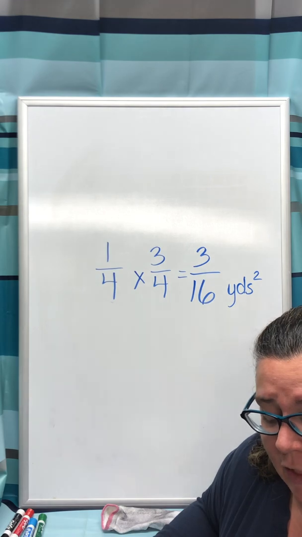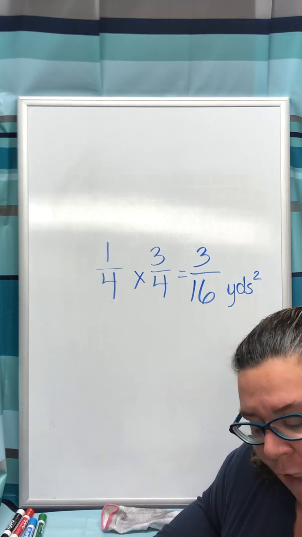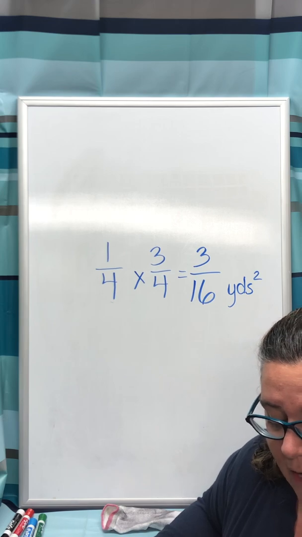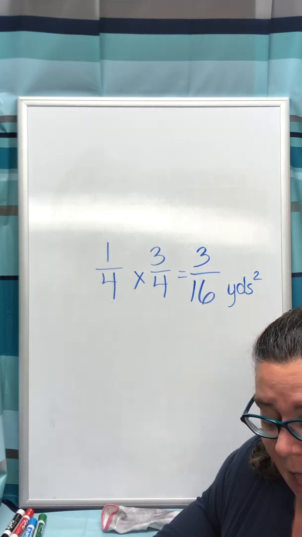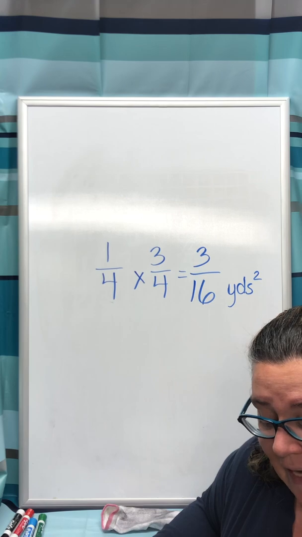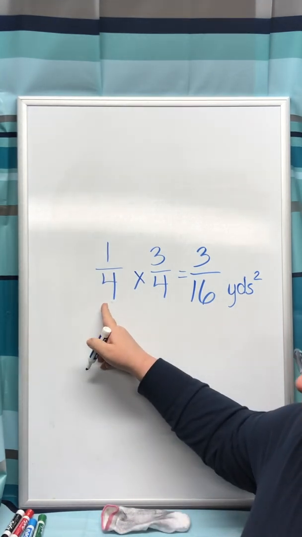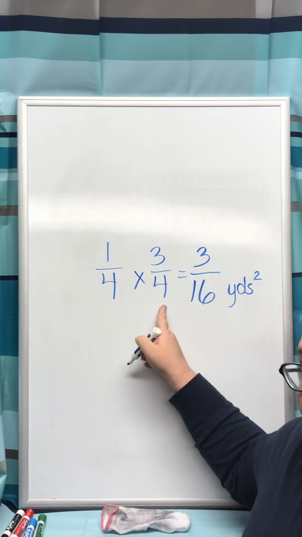Okay, if we take a look at the look back, it asks: is the area of a poster that is 3/4 yard wide and 1/4 yard tall the same as the area of the poster above? So again, we had short side, long side.